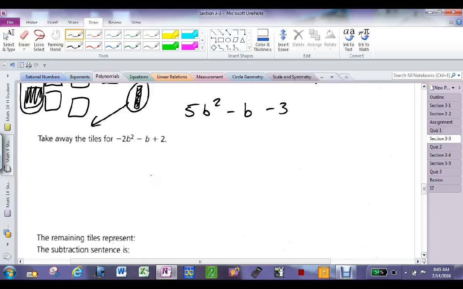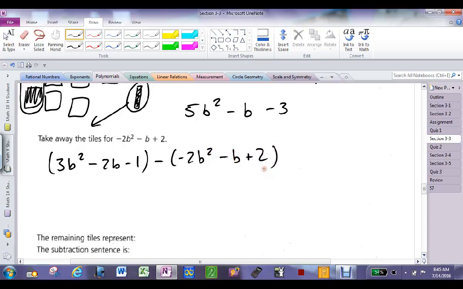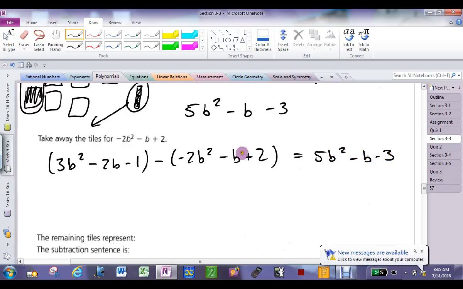So, excuse me, we started out with 3b squared minus 2b minus 1, correct? We took away negative 2b squareds minus b plus 2, correct? And that left us with 5b squared minus b minus 3.